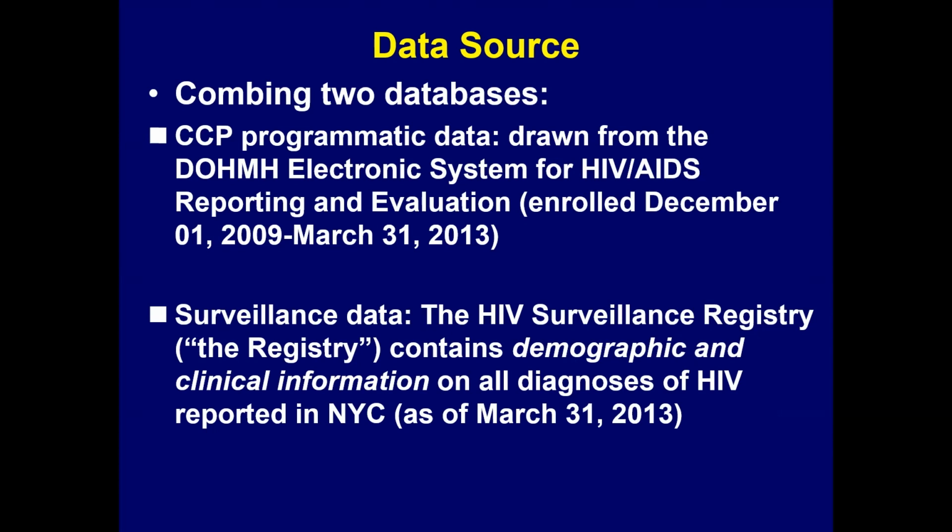The HIV surveillance registry contains demographic and clinical information on all diagnoses of HIV reported in NYC. And the registry data has comprehensive HIV-related laboratory reporting, including CD4 and viral load results for individuals who have received HIV medical care in New York City. There is also vital status information, which is updated through regular matches with death data.